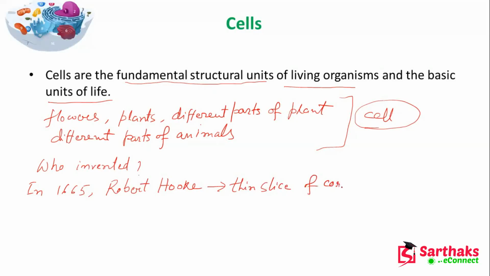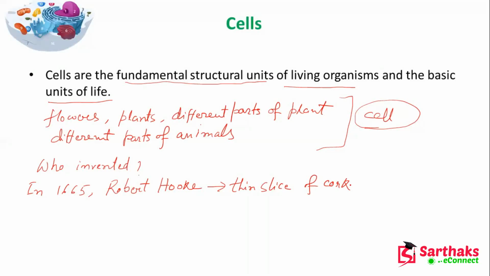After that, he tried to find out what it had. He found some parts in the cork from a woody tree: the dead plant cells of the cork that he observed.